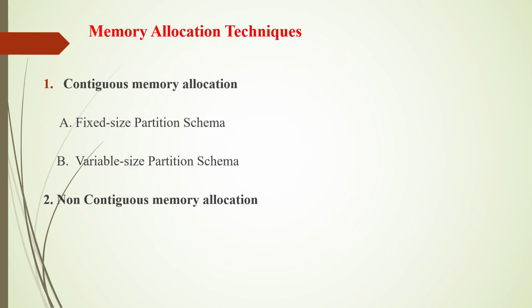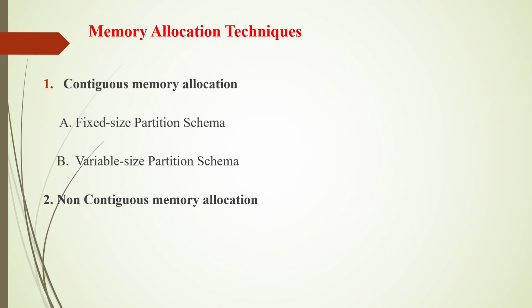However, when processes are loaded and removed frequently, small unused spaces appear between the allocated memory blocks. This problem is called external fragmentation. For example, if a process requires 15 MB, the operating system creates a 15 MB partition instead of assigning a fixed size block.